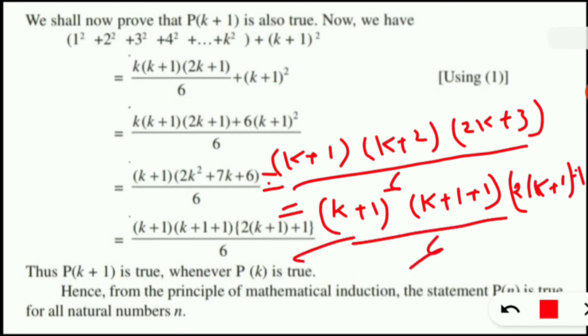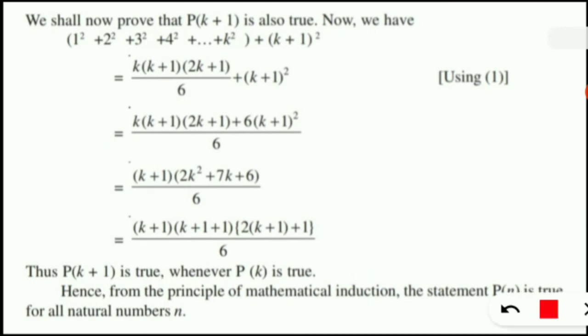That means this equals Pk plus 1 right hand side. So thus Pk plus 1 is true whenever Pk is true. Hence, from the principle of mathematical induction, the statement Pn is true, or the given statement is true for all natural numbers n. Clear? Same language.